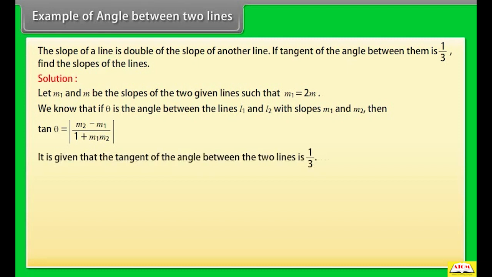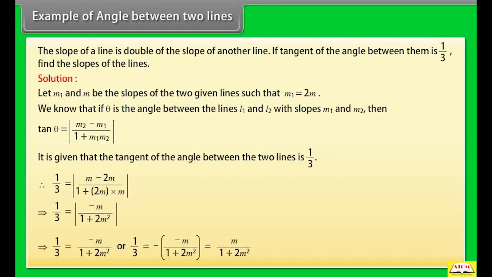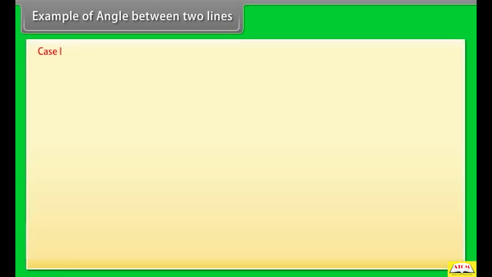It is given that the tangent of the angle between the two lines is 1/3. Therefore, 1/3 is equal to the modulus of (m minus 2m) divided by (1 plus 2m into m). On solving, we get modulus of m by (1 plus 2m squared). Case 1. 1/3 is equal to minus m by (1 plus 2m squared).